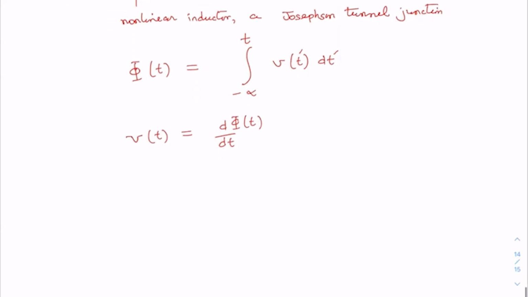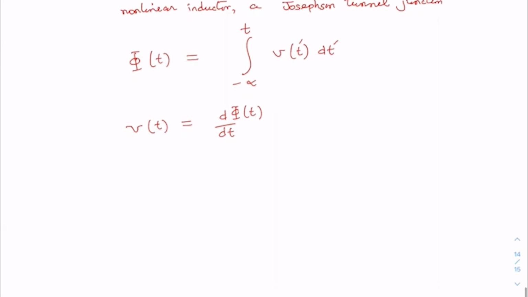From our previous classes, we know that this structure could also be represented by a circuit comprising a capacitance and an inductor, but here, as I said, the inductor is a nonlinear inductor. Generally it is represented by this symbol, and we have these two terminals, terminal 1 and 2.